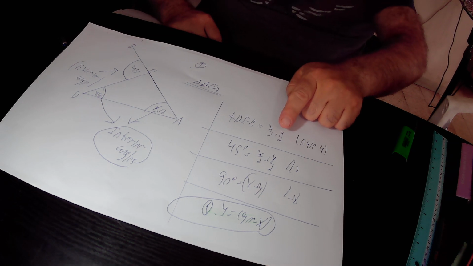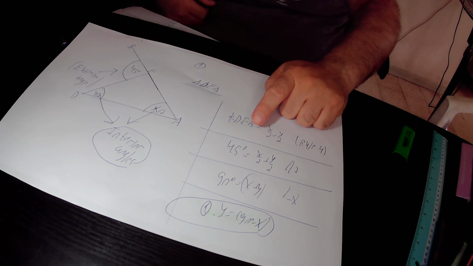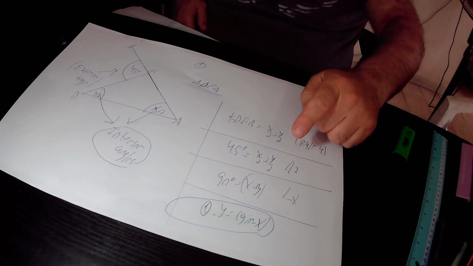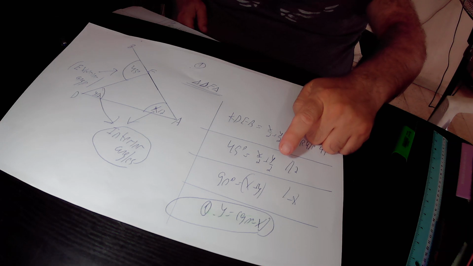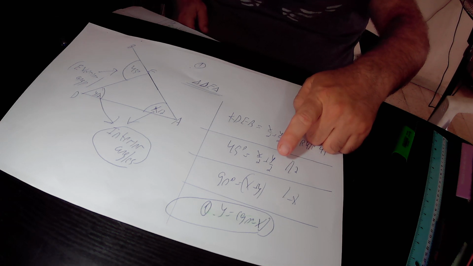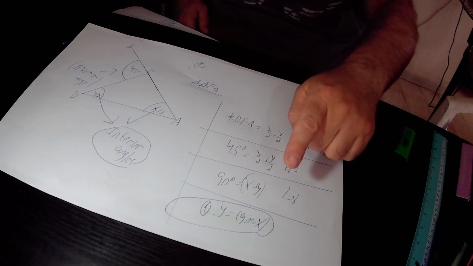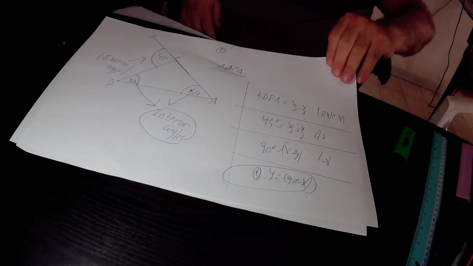Here we multiply this equation by 2, and finally find out that 45 degrees times 2 is 90 degrees, x over 2 times 2 is x, y over 2 times 2 is y. So in total we find out that 90 degrees equals x plus y. We subtract x from this equation and finally find out that y equals 90 degrees minus x. Okay.